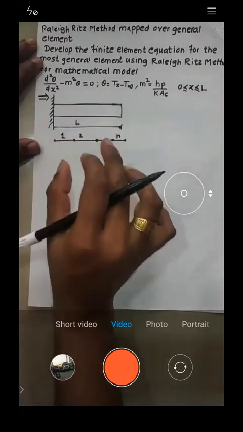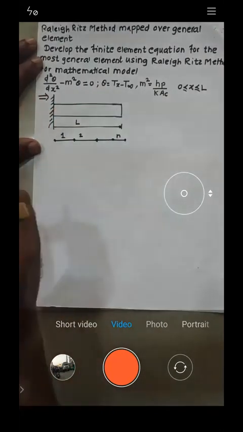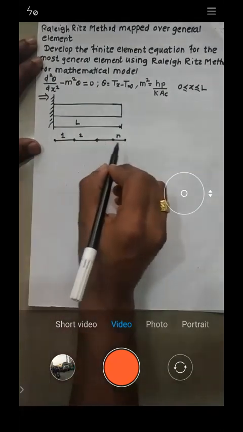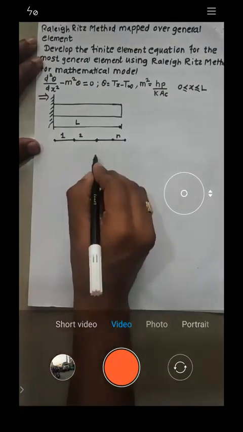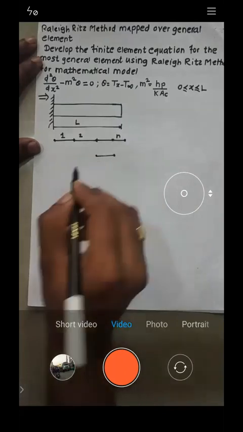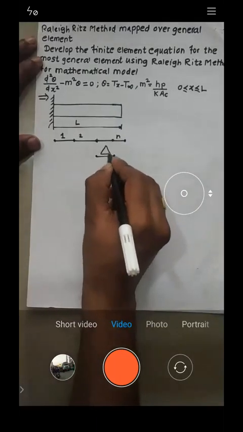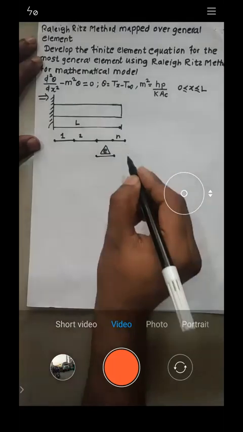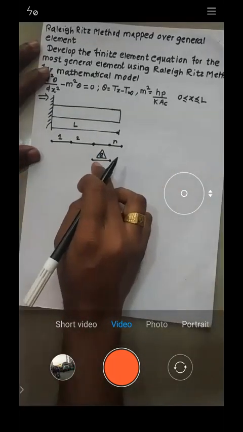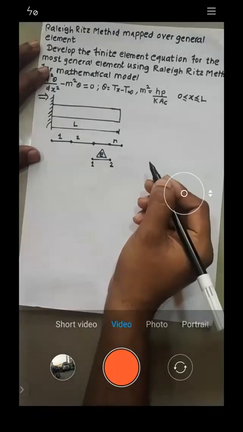Okay, so what I'm going to do with this fin, I'm going to divide this fin into number of parts, that means number of elements. So I can have n number of elements. Out of that, I'm going to consider one of the elements, and that element I will call element E. As this is the element, it is having two nodes, so I will call one node as node 1 and the other as node 2.